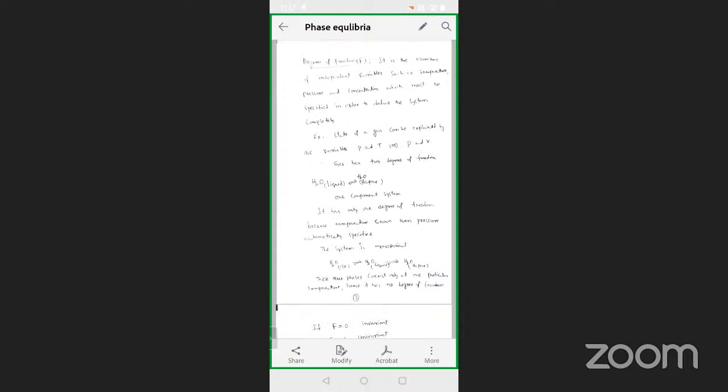Suppose H2O liquid is in equilibrium with water vapor. Both are in the same composition, that is H2O, so it is a one component system. And it has 1 degree of freedom. Why 1 degree of freedom?